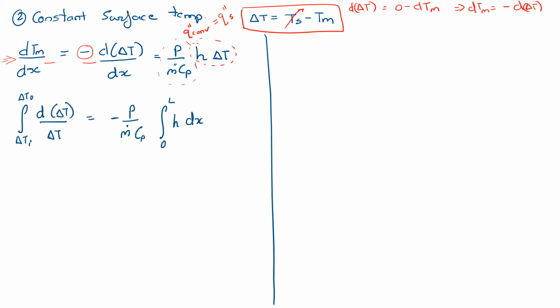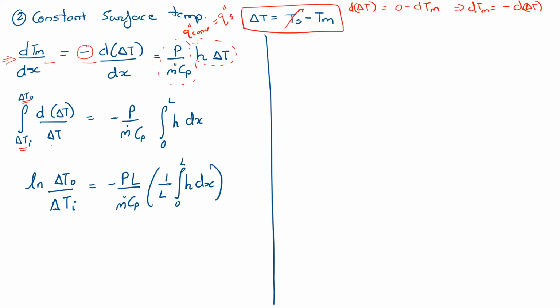So integrating the left side with respect to delta T and the right side with respect to x, the limits for the left-hand side will be delta T in and delta T out, the temperature difference at inlet and the temperature difference at outlet, and we will integrate this from inlet to outlet, so 0 to L.